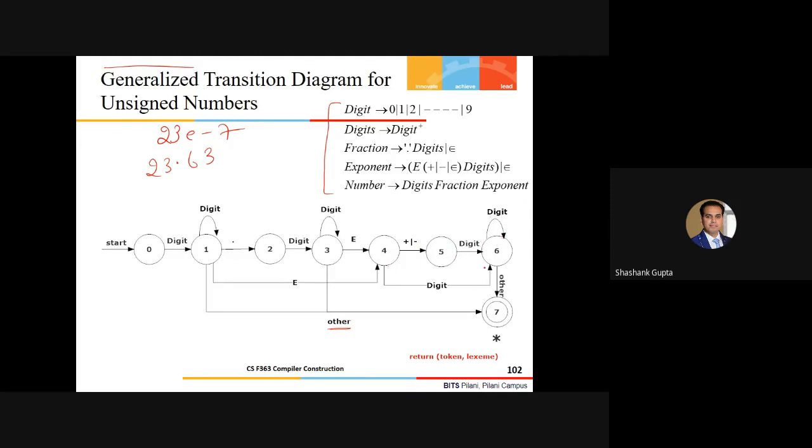And this is the transition where I can skip the positive sign. So someone would have written like this, and someone would have written like this. Fine. And after that, any other symbol, apart from these digits, I'll say return the corresponding token and the lexeme here.